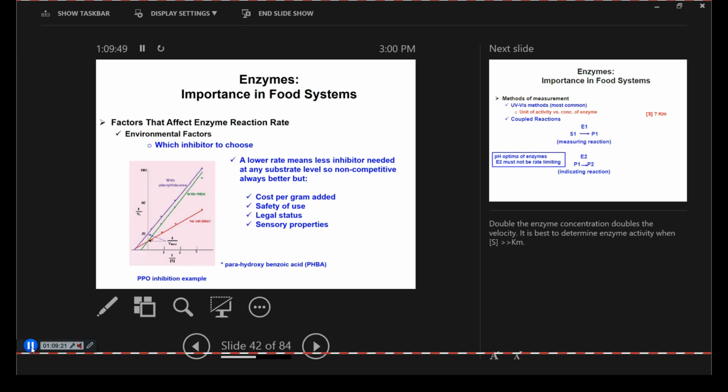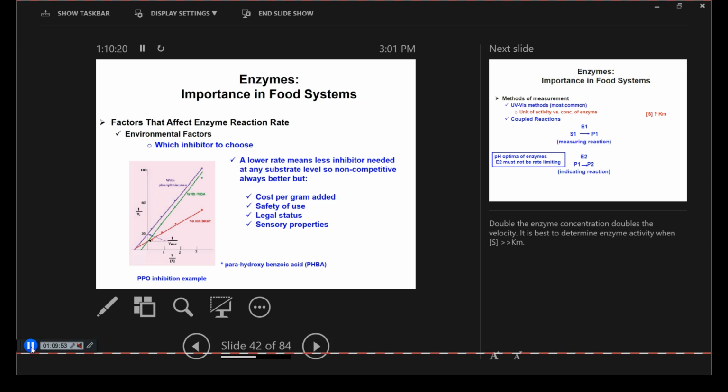The other one had non-competitive inhibition. Km did not change, Vmax decreased, sorry. So here, lower rate means you need less inhibitor at any substrate level. So non-competitive inhibition is always better to use in an application like this.